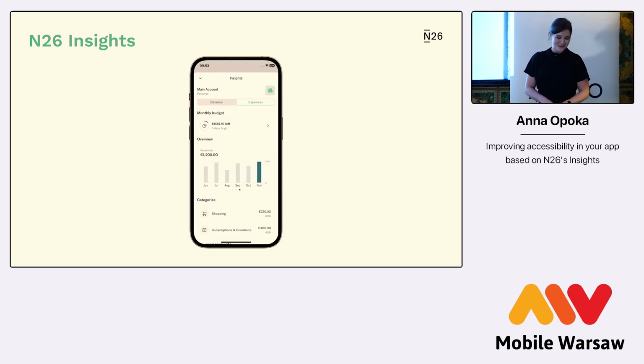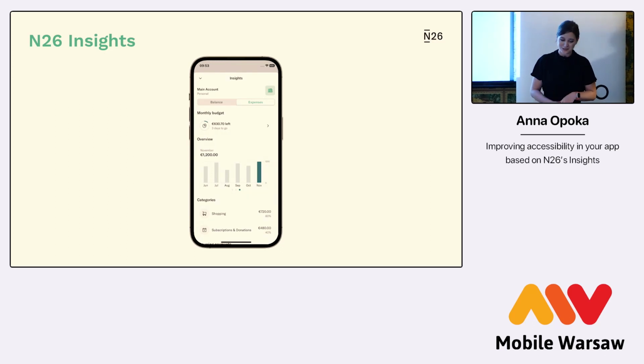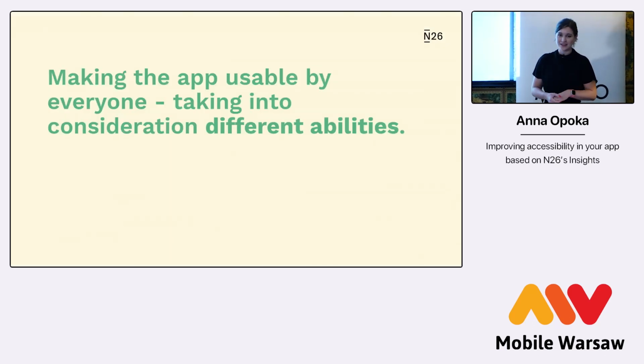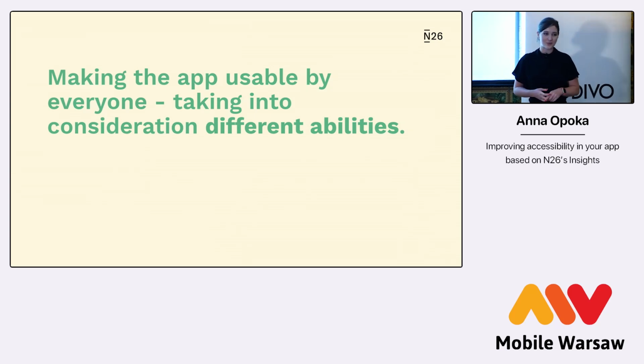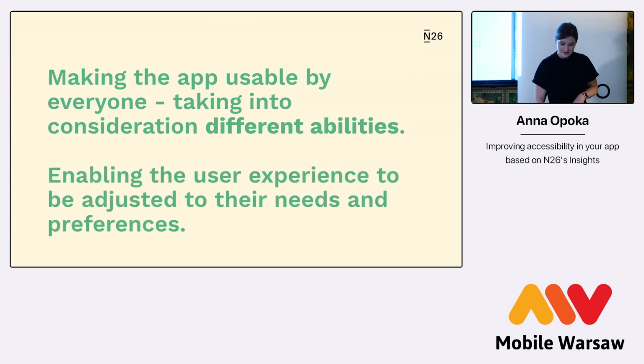So to close my introduction, I'll give you my personal definition of accessibility, which is taking into consideration different abilities that people have and providing great user experience by empowering the user to consume the content in the way that fits their needs and their preferences.